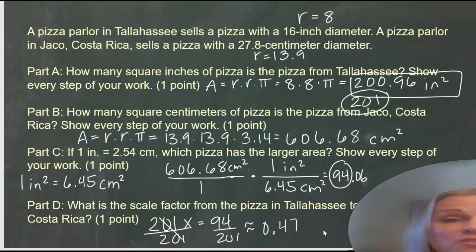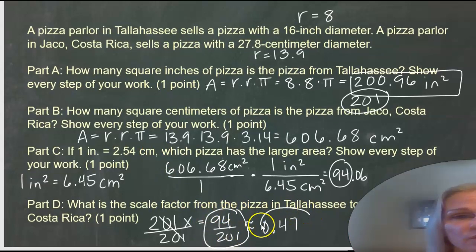Now, I could also just leave it as 94 over 201. That is an acceptable scale factor. I don't know if there's any common factors that I could divide by. I know 3 doesn't go in, 2 doesn't go in, 5 doesn't go in, 6 doesn't go in, 4 doesn't go in. So there might be a very large prime number that goes into both of those, but I can't think of a small one off the top of my head. So you could leave your scale factor like this, or you could convert it to a decimal.